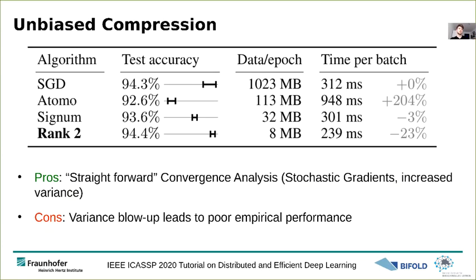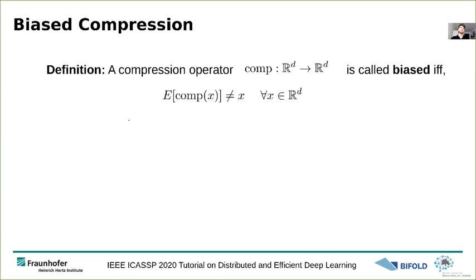Here, this Atomo is what I would say the state-of-the-art unbiased compression algorithm for distributed training, and it achieves a lower accuracy at a higher data rate than these biased compression methods, which we will look into next.